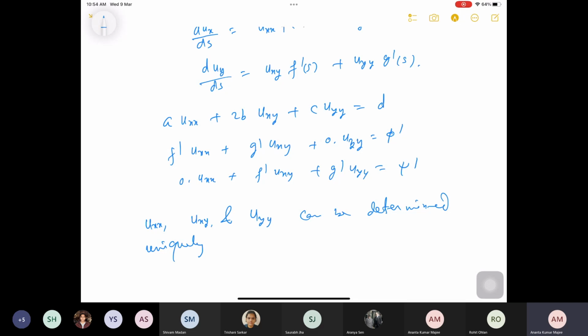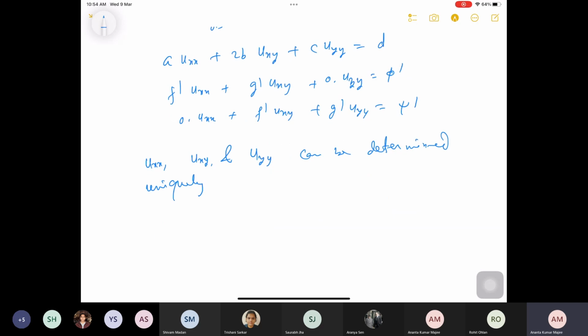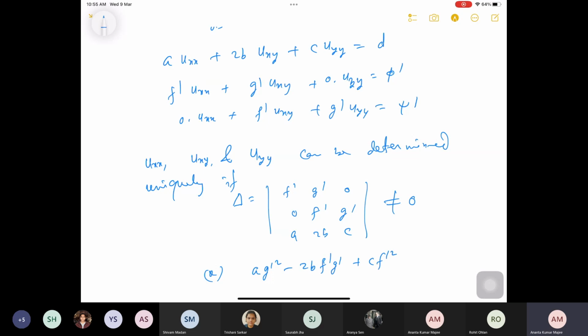The coefficient matrix is A, 2B, C; f prime, g prime, 0; 0, f prime, g prime. So if this determinant is non-zero, that is, A times g prime squared minus 2B f prime g prime plus C times f prime squared is not equal to 0.